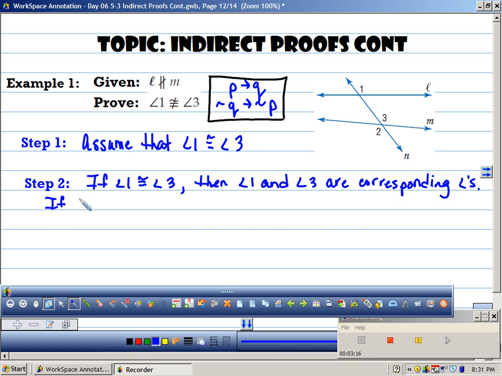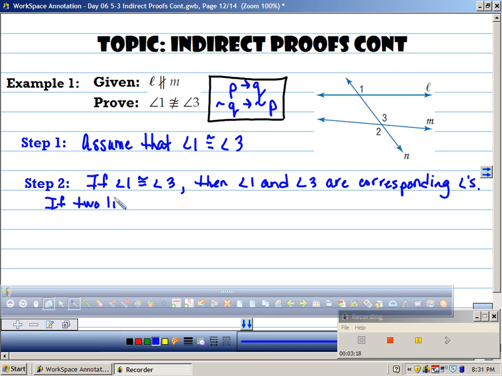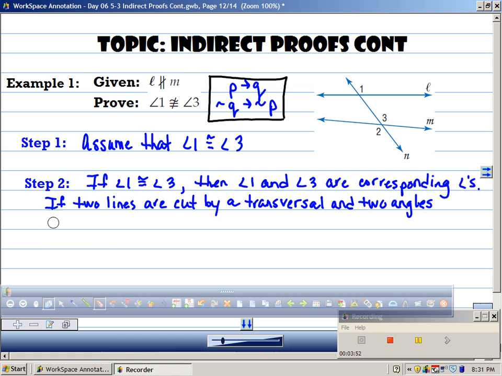If 2 lines are cut by a transversal, being this line here, and, let's back up a little bit, not 2 angles.